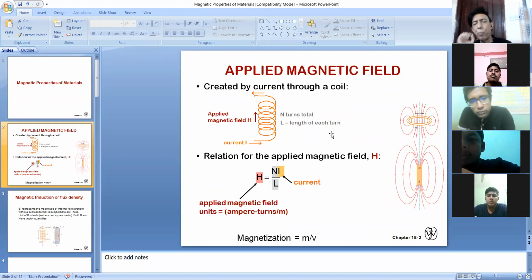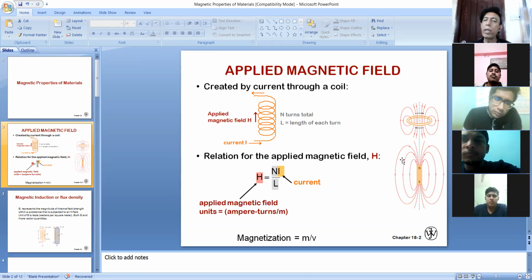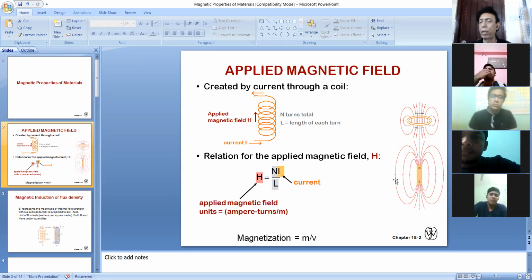Now, if you place a magnetic material inside these lines of forces, then the material behaves like a magnet.